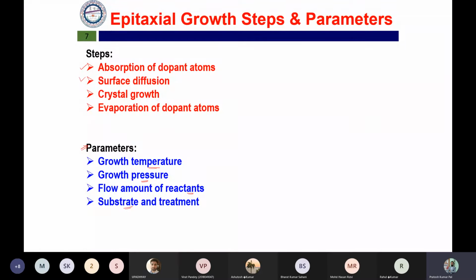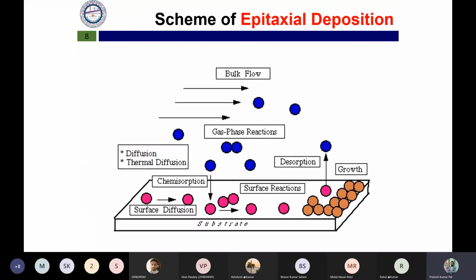This is the basic schematic, or you can say basic method, that is used for epitaxial deposition. So this is a substrate, and what we will be doing is placing the substrate onto a reactor.